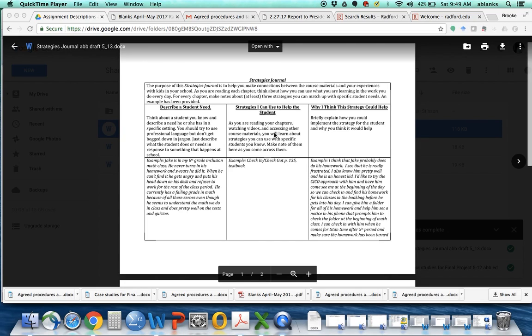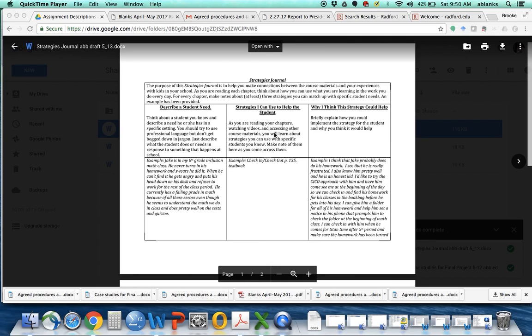The way that this is going to work is you are going to read the chapters in the book, and for every chapter, you're going to identify 3 strategies that you can match up with specific student needs. For those of you who are working teachers or instructional assistants, this is going to be super easy because you are going to constantly have these moments of, oh my gosh, I wish I had already thought about this for so and so.